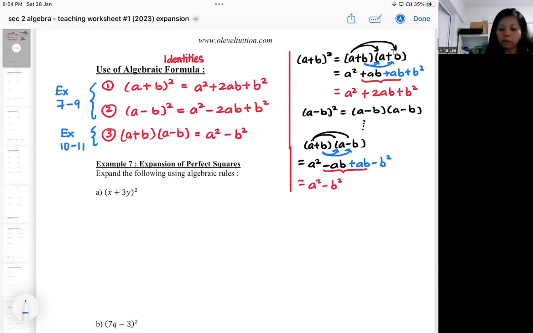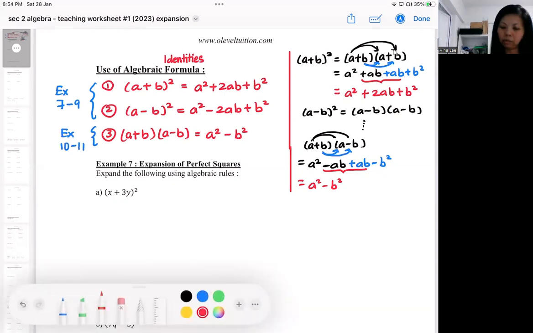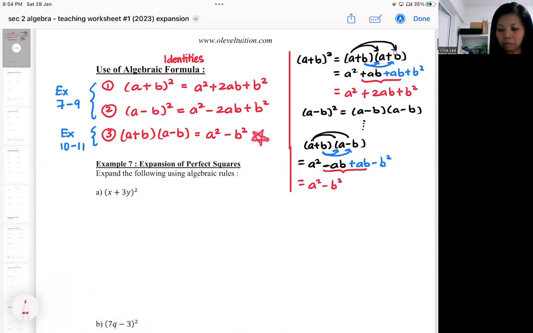The most difficult part is this one. It is the most difficult for most students. If your algebra is not very good, you will struggle with formula number 3. So I'm going to focus on formulas 1 and 2 first, on examples 7, 8, and 9.